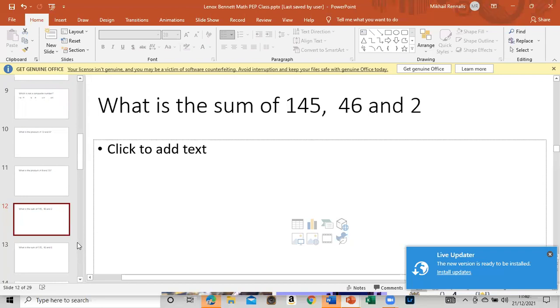Yes, sir. All right. What about this one? What is the sum of 135, 42, and 6? 183. You're using a calculator? No, sir. Okay, okay. All right, what did the others get?